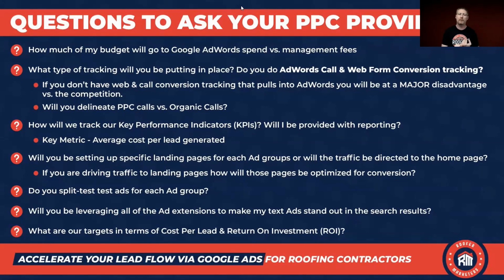You want to talk to them about what kind of tracking they're going to put in place, if they have call and web form conversion tracking. If they don't, go away from them very, very quickly. You want them to have the ability to delineate pay-per-click calls versus organic calls.